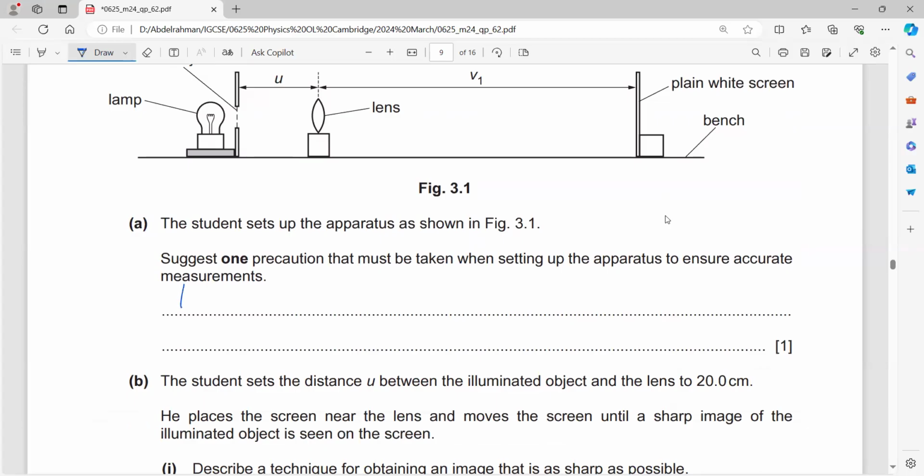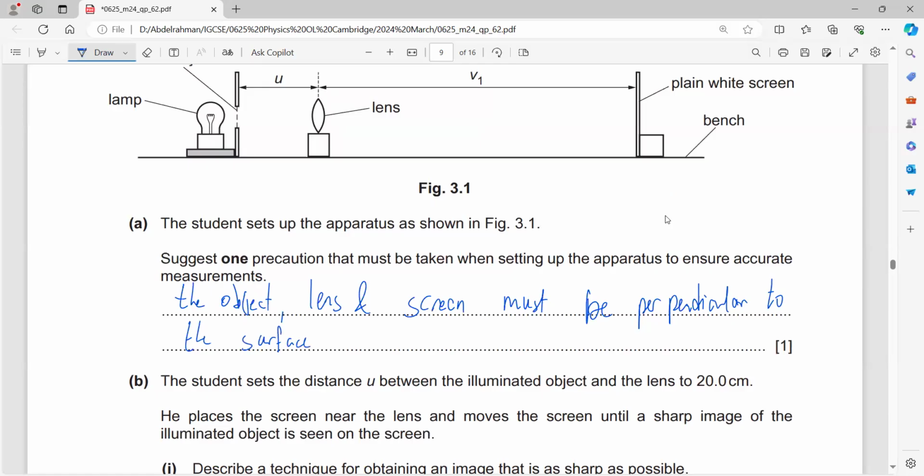The object, lens, and screen must be perpendicular to the surface. You can also say that they must all be on the same horizontal surface.